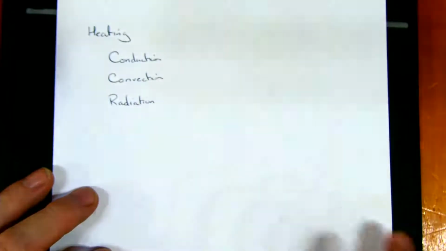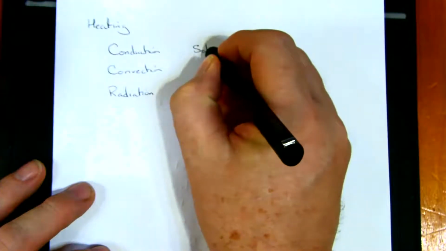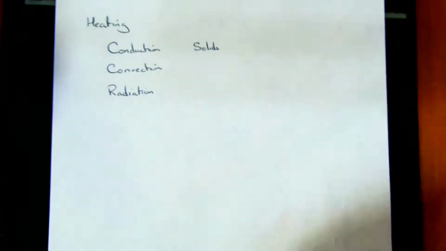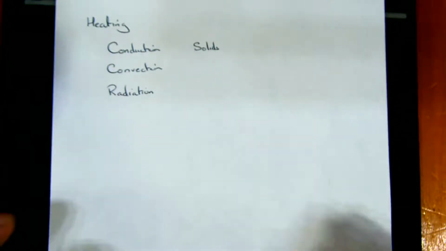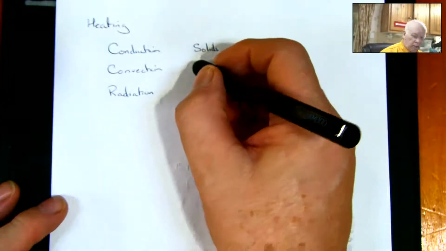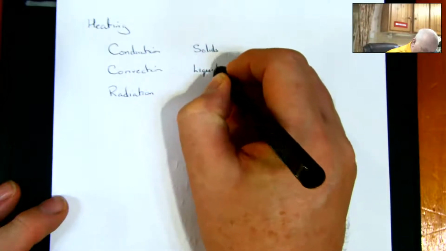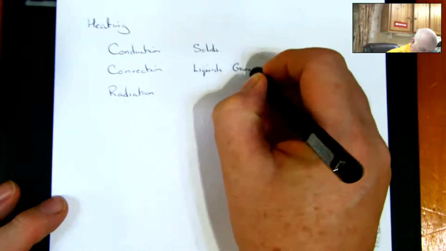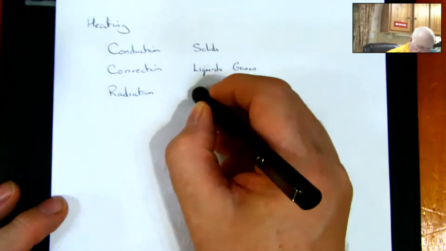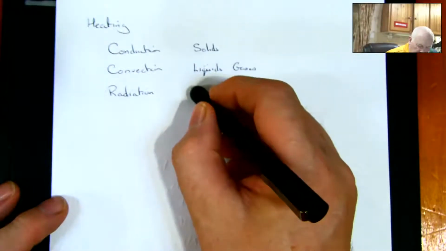Now, heating by conduction is largely for solids. Convection is used largely for liquids and gases, and radiation tends to be used when we want to move heat.